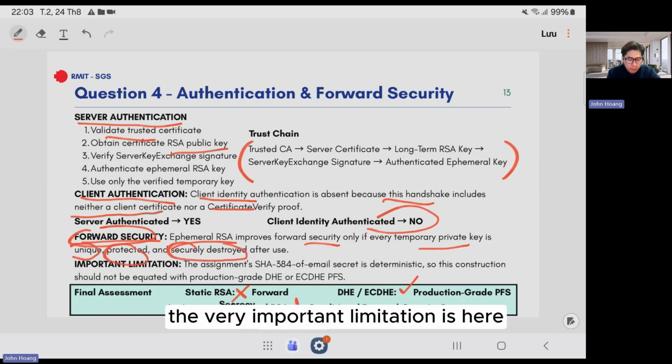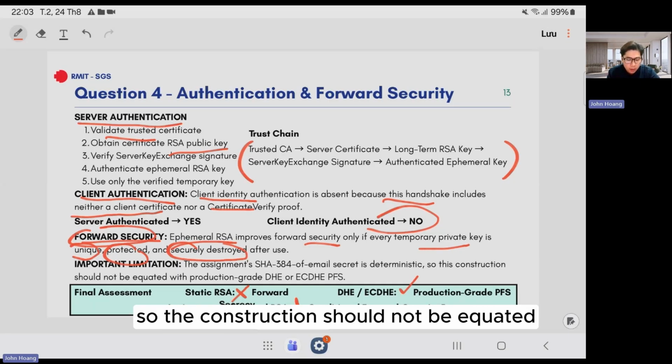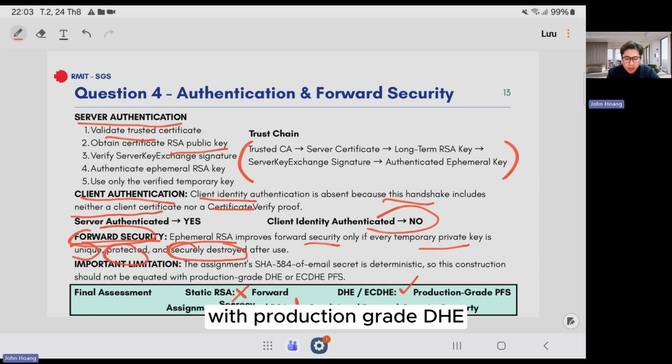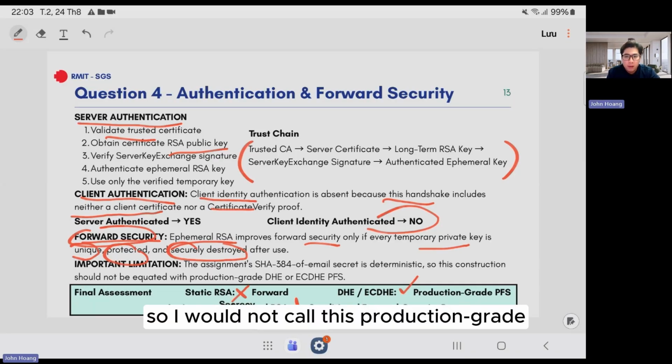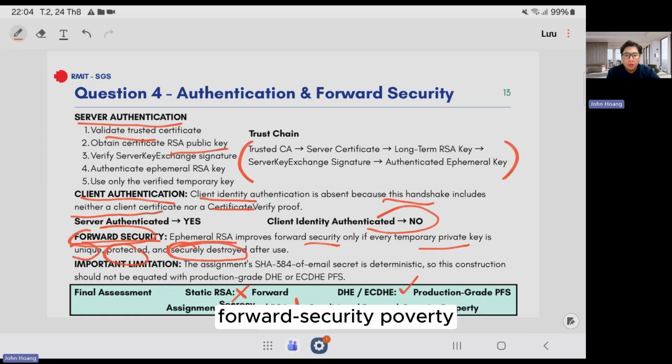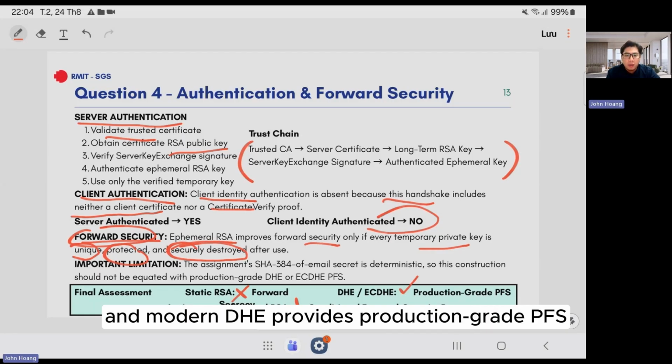The very important limitation here is that the assignment's SHA-384 of the student ID secret is deterministic, so the construction should not be equated with production-grade DHE or ECDHE PFS. So I would not call this production-grade perfect forward secrecy. Static RSA provides no forward secrecy. The assignment gives only a conditional forward secrecy property, and modern DHE provides production-grade PFS.